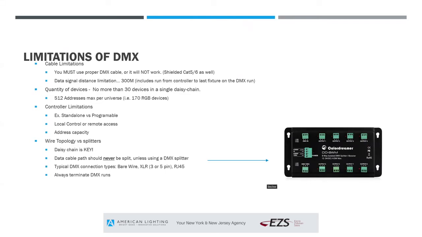You do not want to run DMX or Cat5 cable in the same conduit as your power. Generally speaking, that's against code, and also could cause some interference. So Cat5 or DMX cable should be run in its own separate conduit. Even if it's shielded Cat5, run it in its own conduit, separate from power.